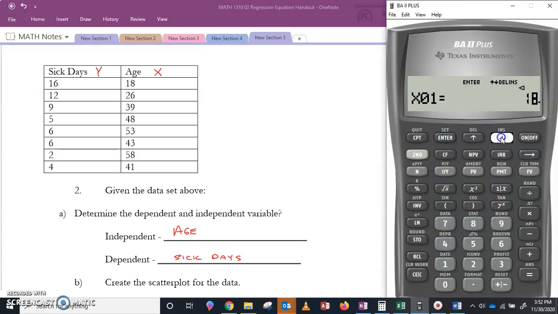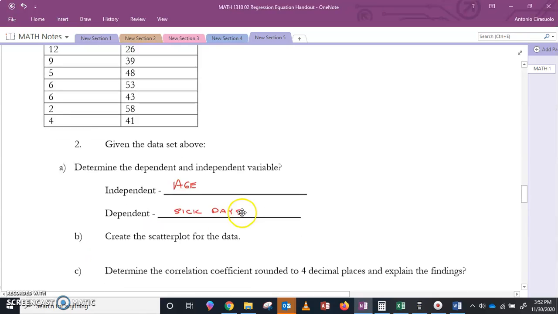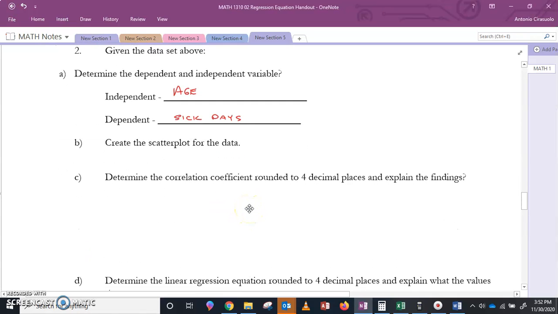And once again, I'm going to check the data, make sure it's all correct. And it looks good.